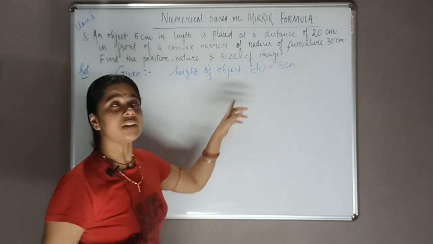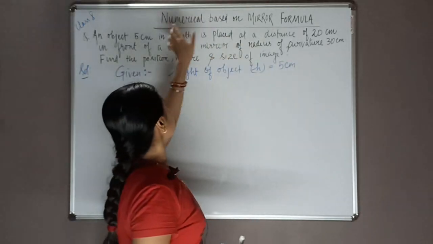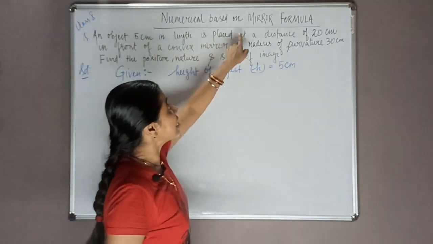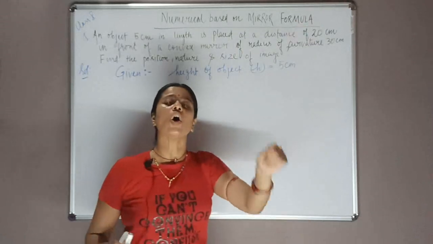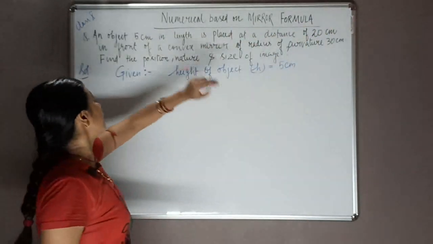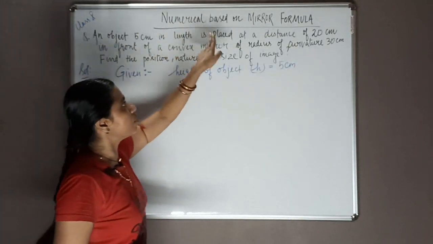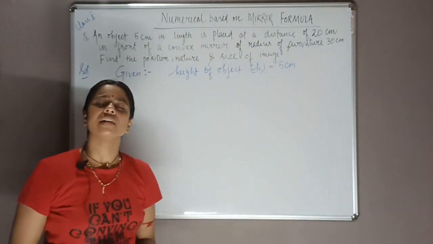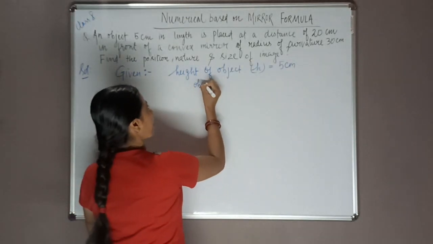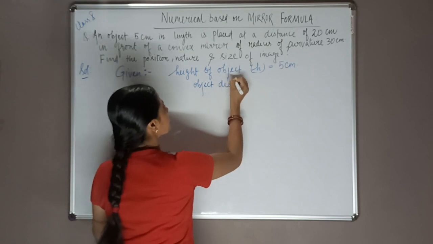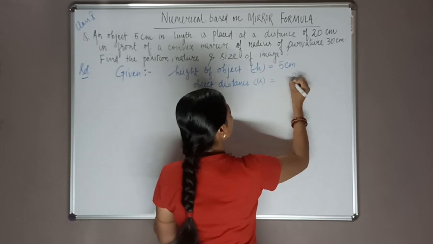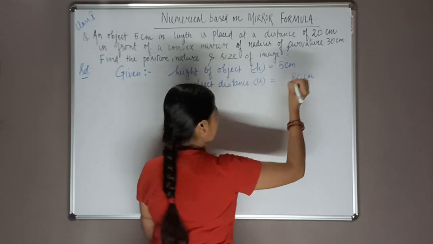Now proceeding further, the object of height 5 centimeter is placed at a distance of 20 centimeter in front of a convex mirror. So here the mirror is convex and the object distance U is equal to 20 centimeter.